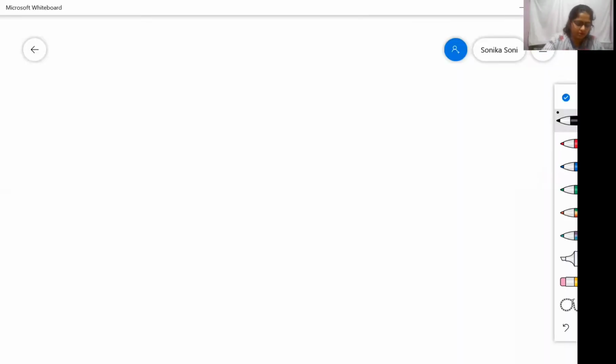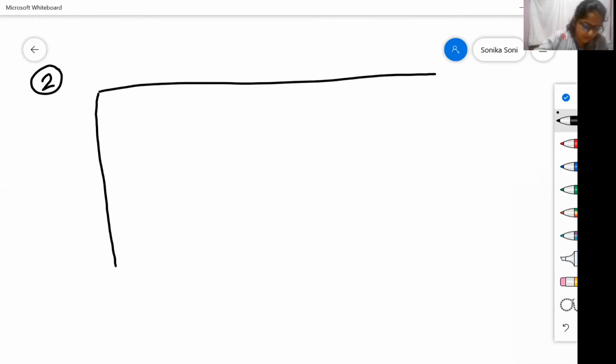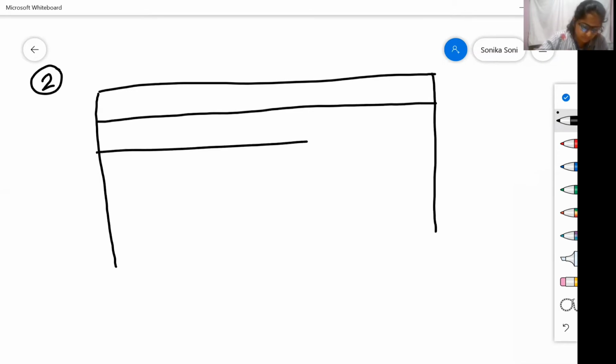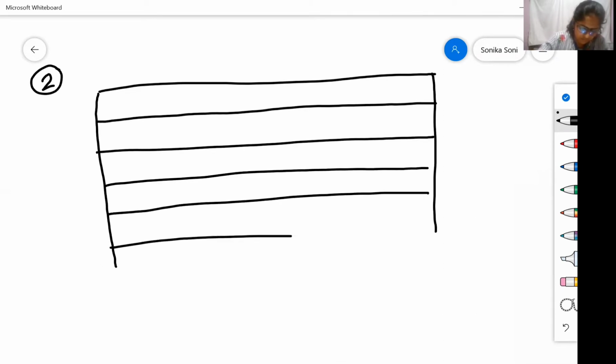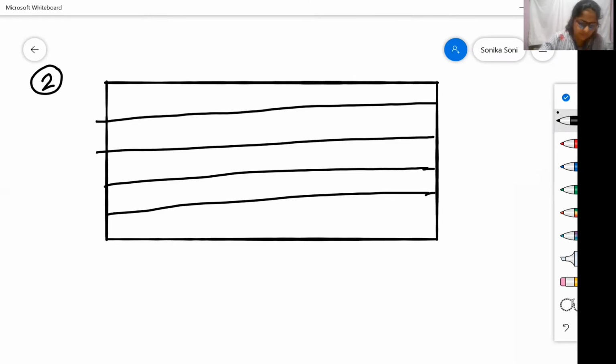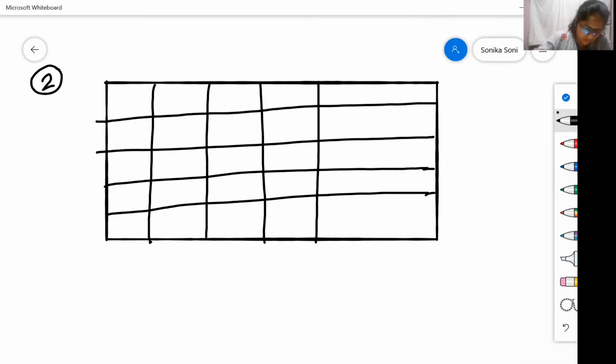We have 3 rows and 4 columns, with supply and demand.